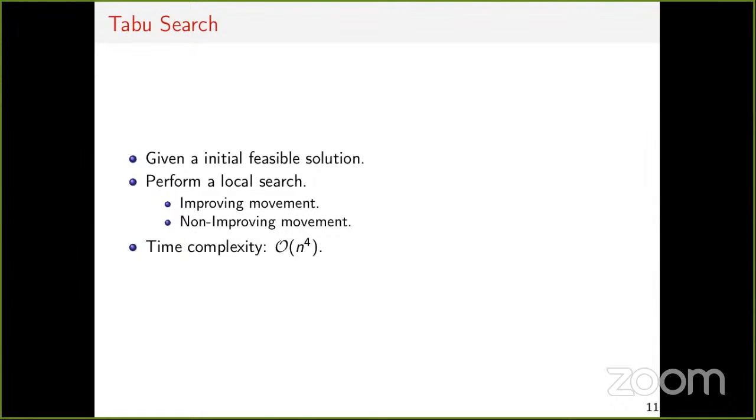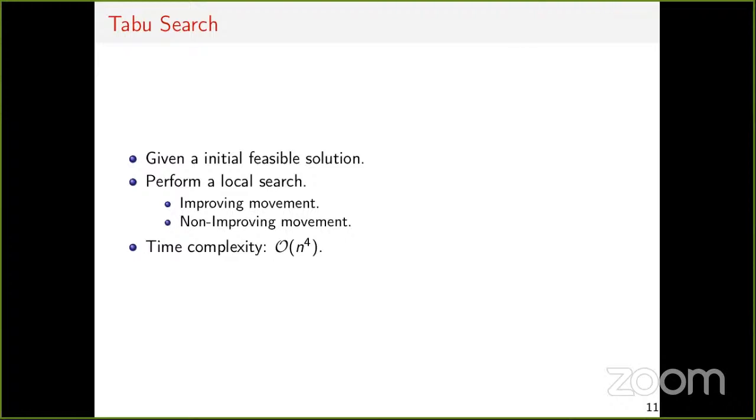So let's move on to our other proposed heuristic, that is tabu search based. For that heuristic, it's necessary to give an initial feasible solution to perform a local search, trying to improve this given solution. For that, we propose 2 movements: an improving movement and a non-improving movement.